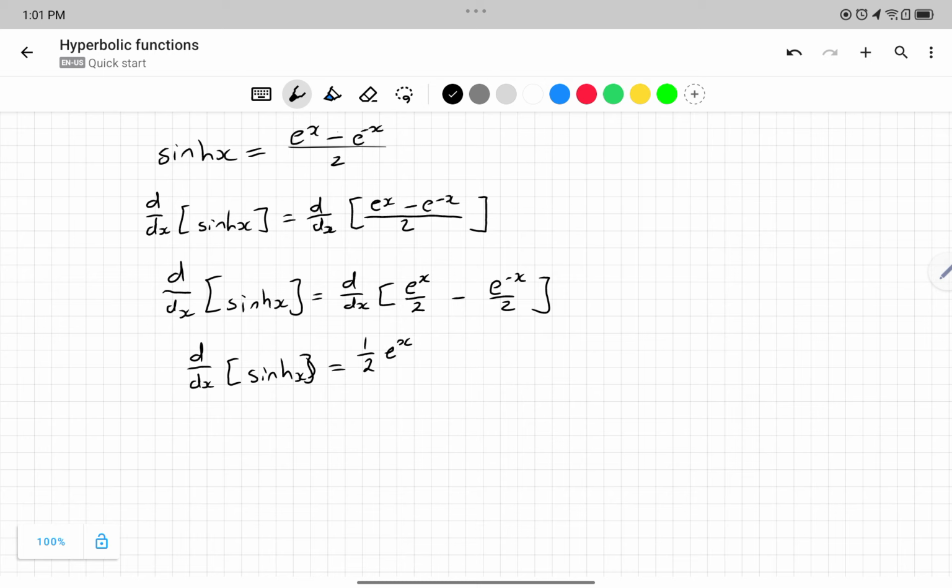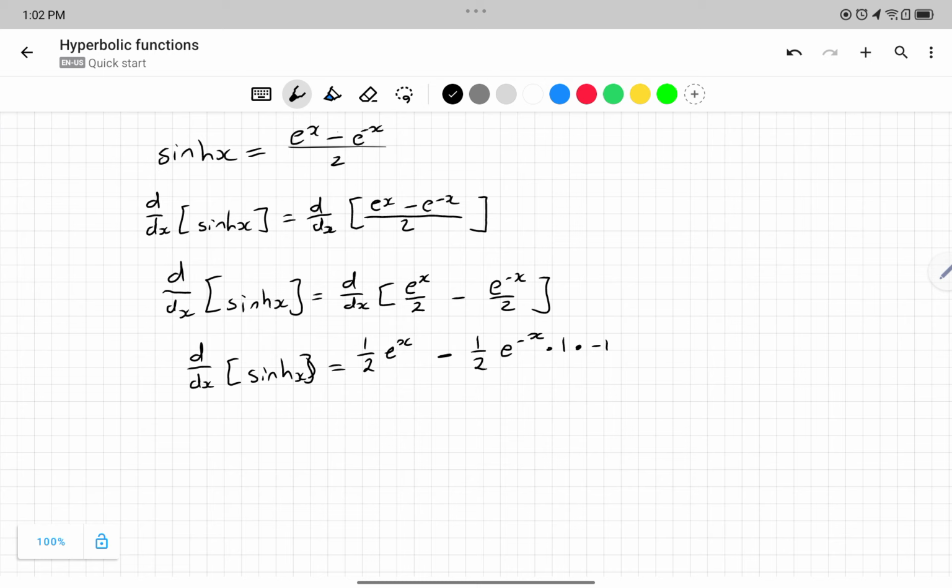Because ln e is 1 and the derivative of the exponent is 1. And then minus, we're still going to keep the constant, and then the derivative of e to the exponent of negative x. We keep it the same first, e to the exponent of negative x, times ln e, which is 1, and then multiply by the derivative of the exponent, which is negative 1.